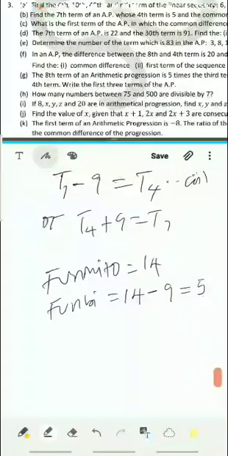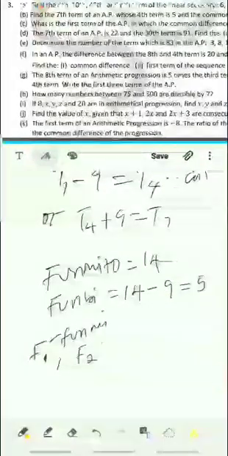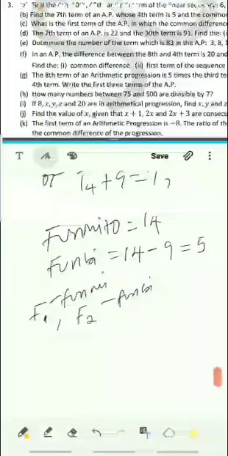Now, if you wanted to express this in an equation, let's use F1 for Fumito and F2 for Funbi.